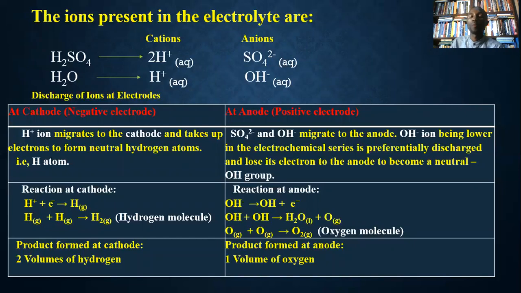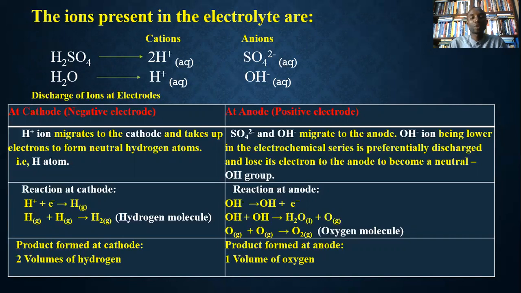But at the anode, what will happen is that the SO4 2- and OH- will both migrate to the anode. Of course, they will be attracted to it. When they get there, remember the electrochemical series: the ion lower in the electrochemical series has to be discharged.